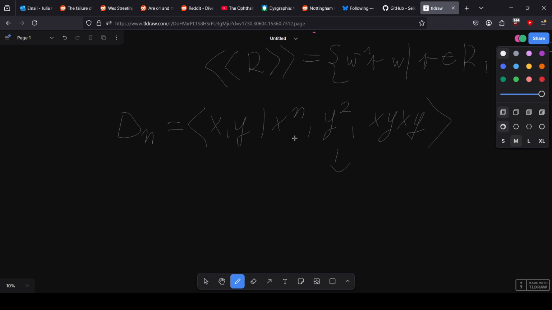Some authors do change the way that relators are written. So for example, what we could have seen written is x^n = y^2 = 1, and xy = yx^-1.